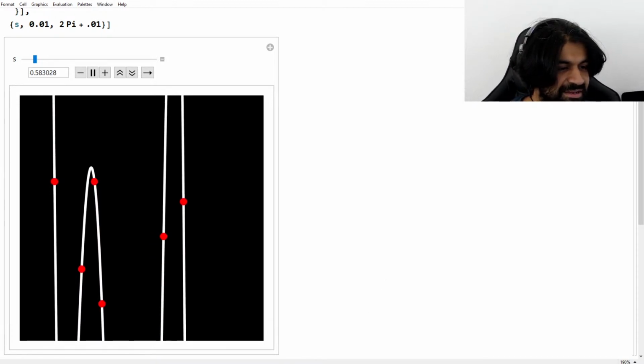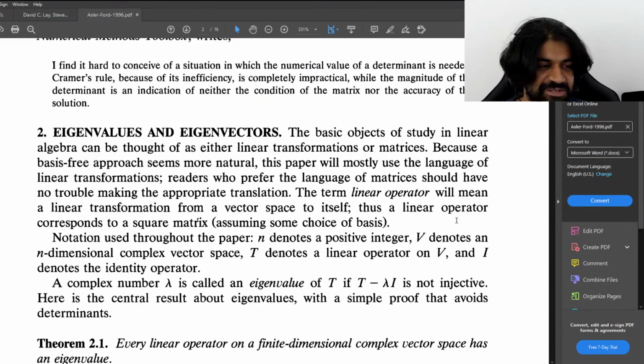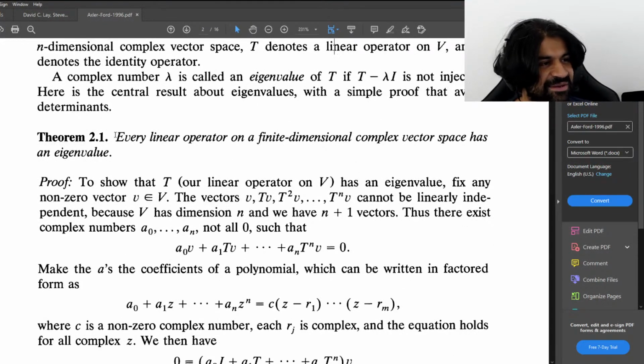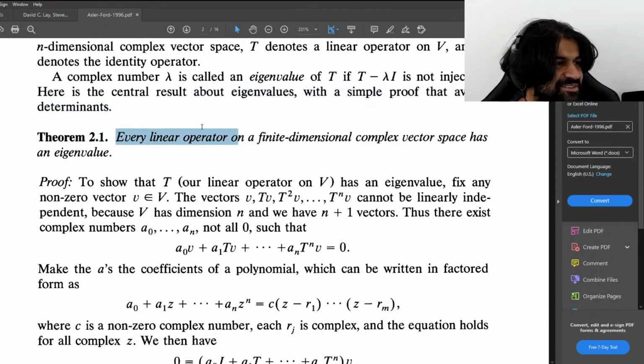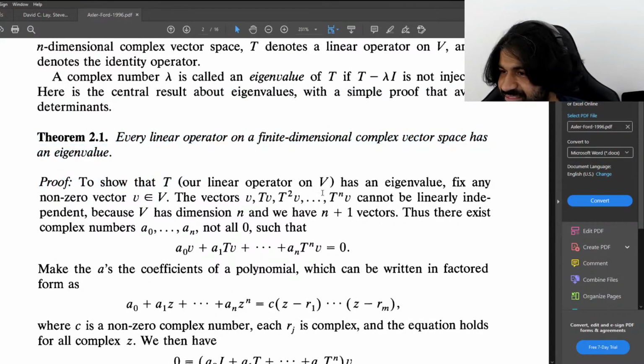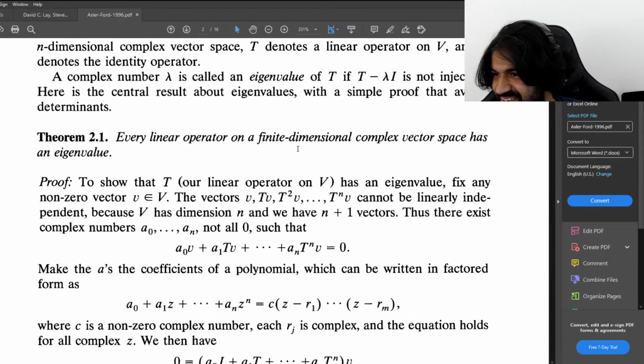All right. So maybe next time we'll talk about this whole linear operator to matrix business, and then we can discuss the proof in Theorem 2.1: every linear operator on a finite dimensional vector space has an eigenvalue. There are two proofs you can give of this statement, of course. There's one that relies rather heavily on determinants, and there's one that doesn't rely at all on determinants.